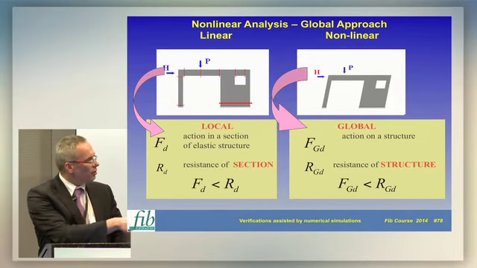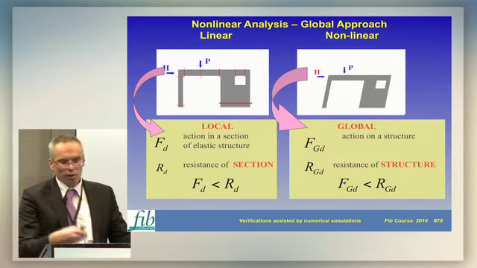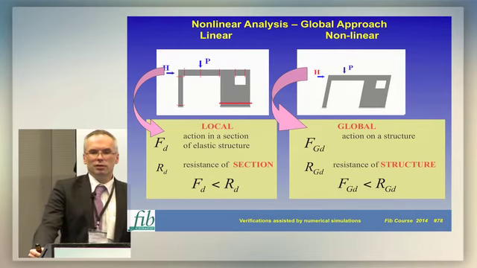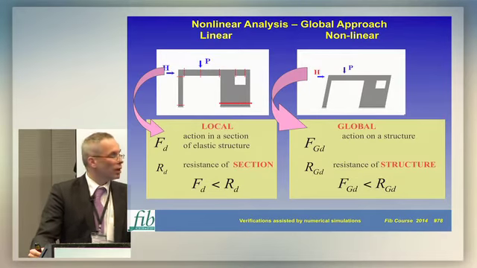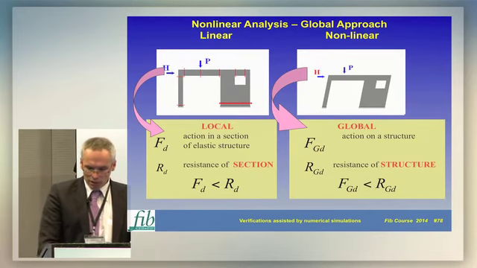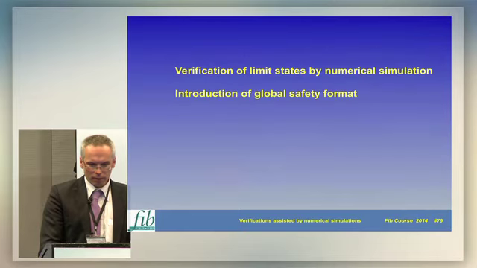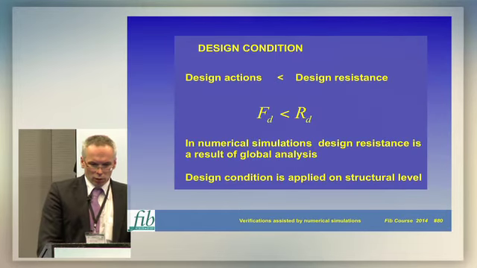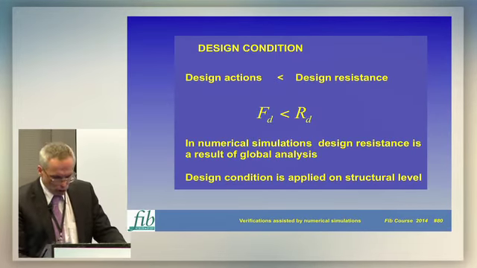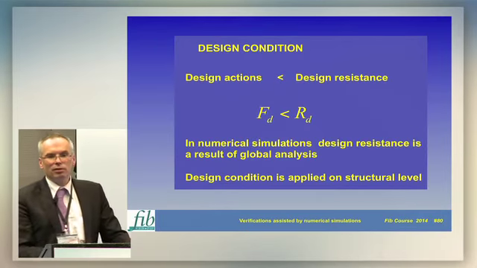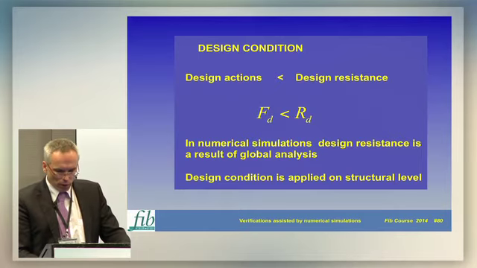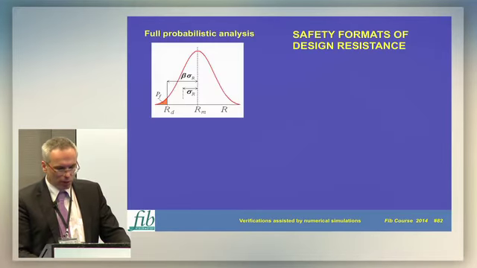This discrepancy is eliminated in this approach, but of course at some additional cost because we cannot use the superposition, and also the analyses are more demanding. So this is the basic design condition we have. And now how do we calculate this design resistance? In the fib Model Code there are three possible approaches.